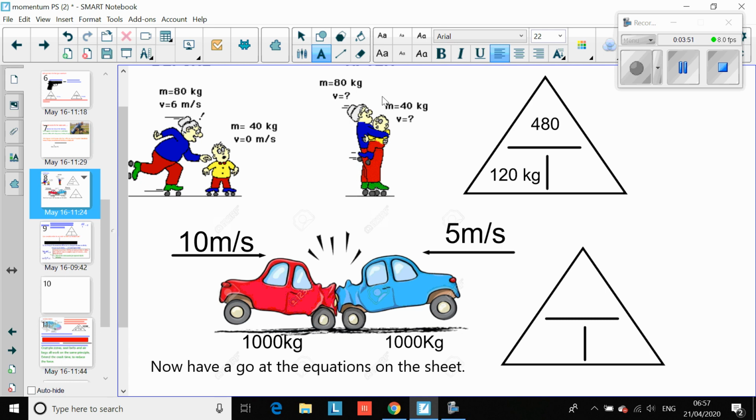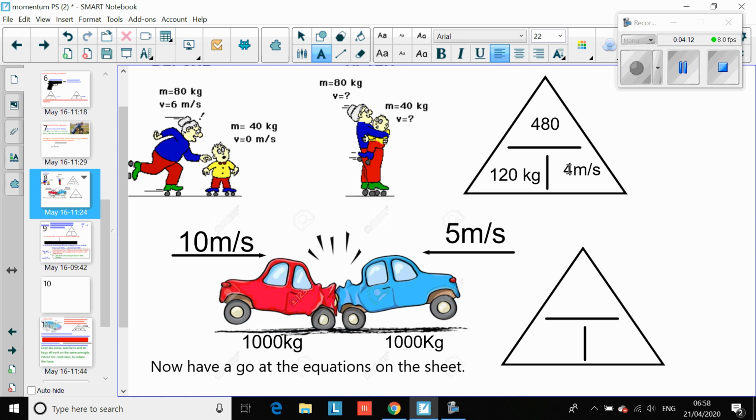Okay, so we do 480 divided by 120. So you can put that into your calculators now. You can pause the tape and quickly do that if you want. The answer comes out as 4 meters per second. So basically, the adult and the child move off at a speed of 4 meters per second in this direction.